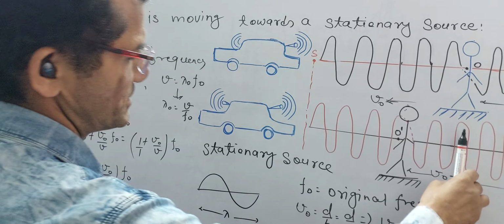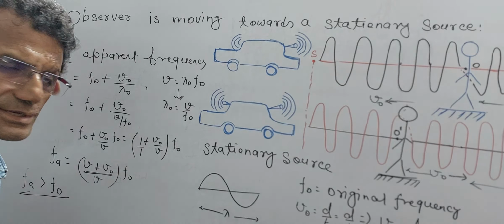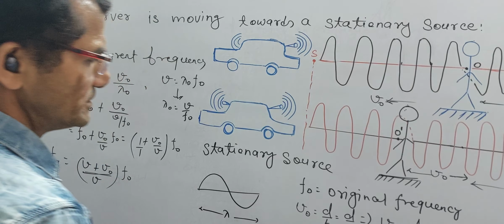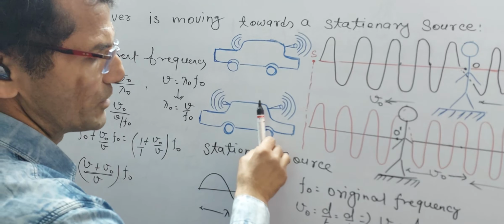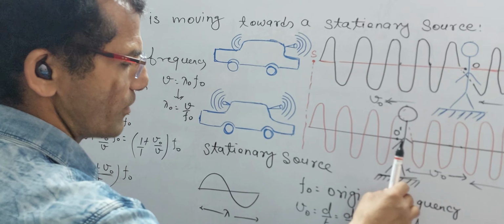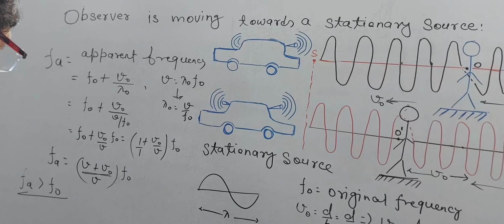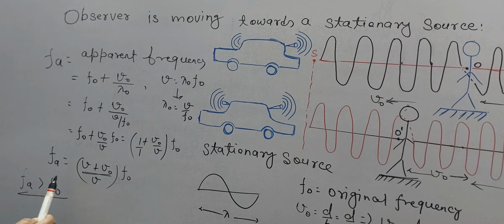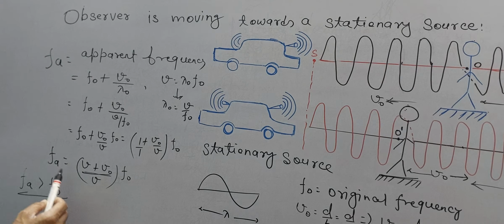Whenever the moving observer comes toward the stationary source, or a moving source goes toward the stationary observer, in both cases we have increased frequency. That frequency will be different in the earlier case and this case. So this is our final formula for the apparent frequency.